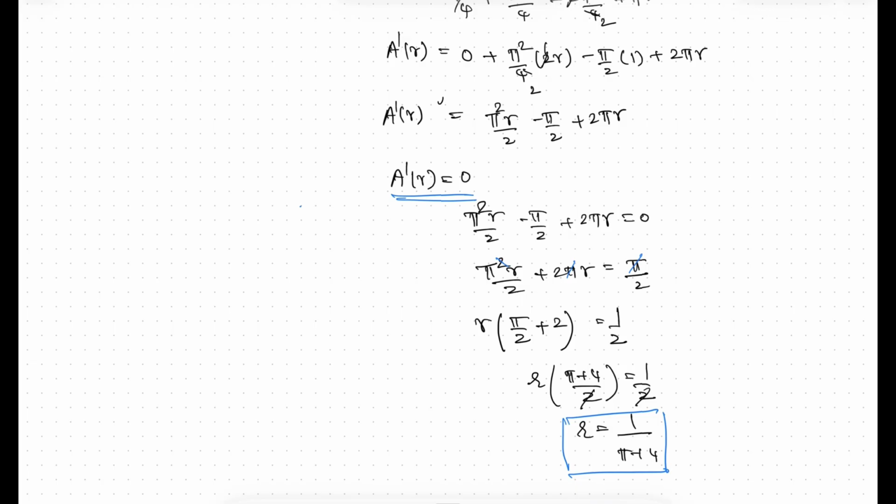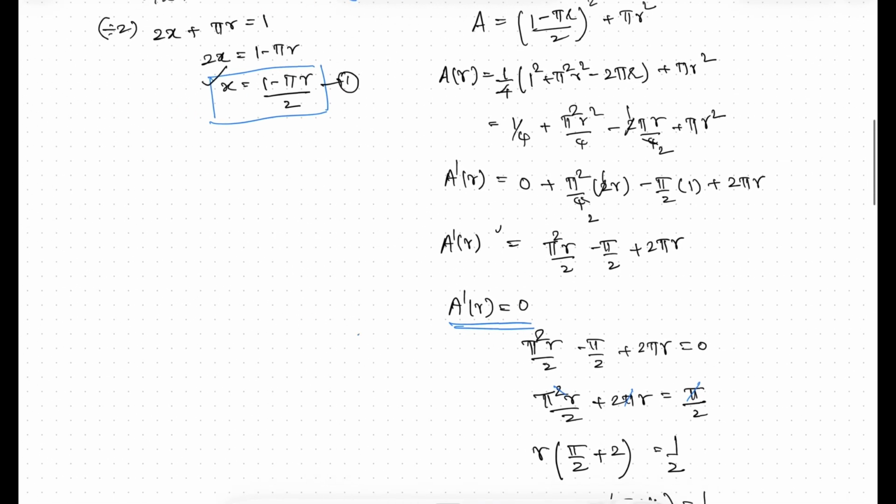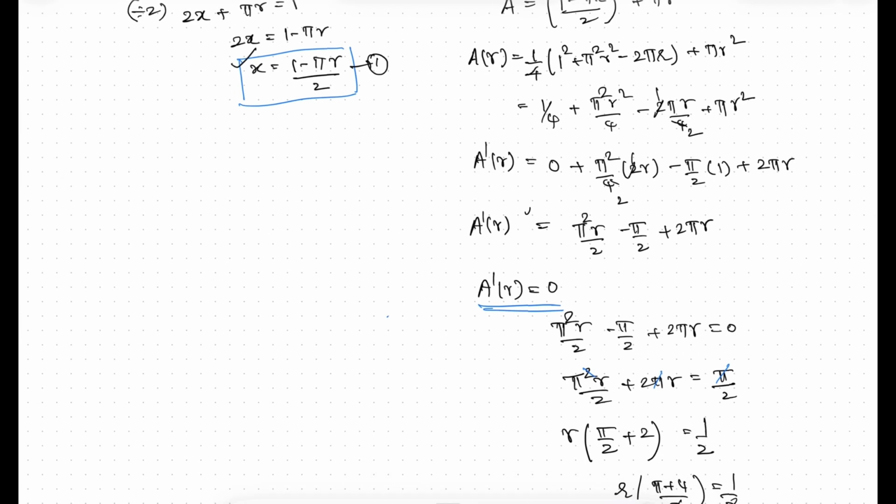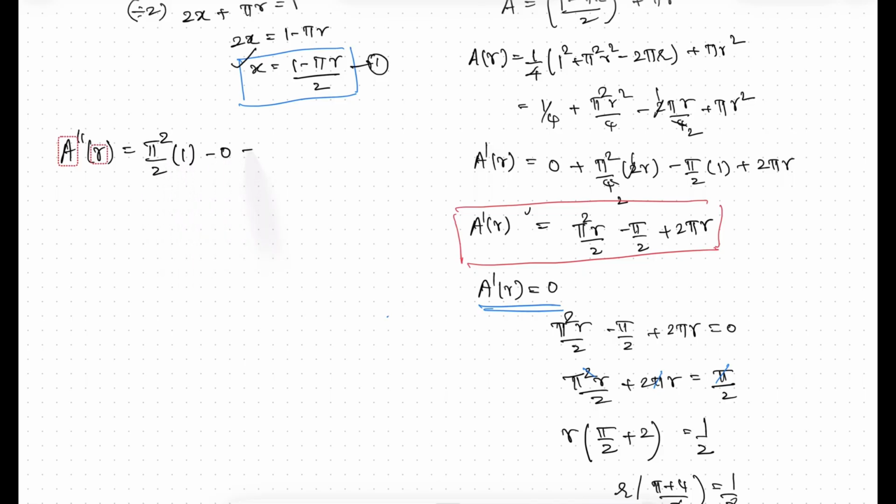At your stationary point, you can either have a local maximum point or a local minimum point. To confirm that, we'll be using the second derivative test. Let me find the second derivative with the help of the first derivative, which is present over here. If I differentiate the first derivative, I get pi squared by 2 times 1 minus 0 plus 2 pi times 1.